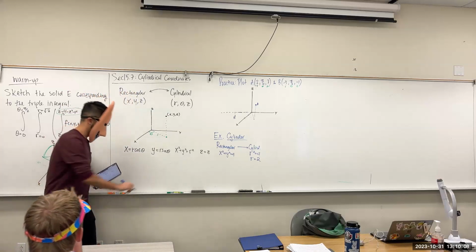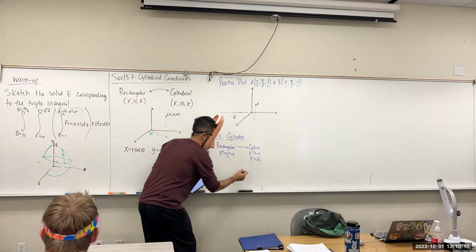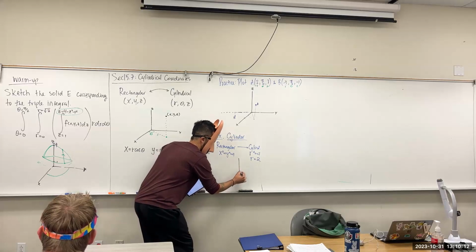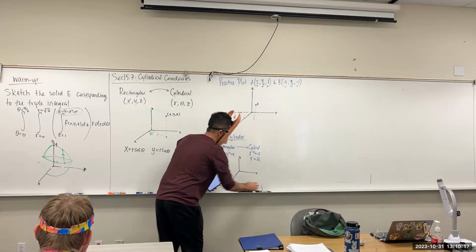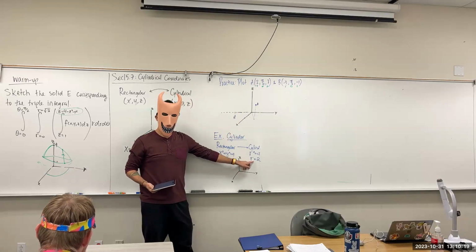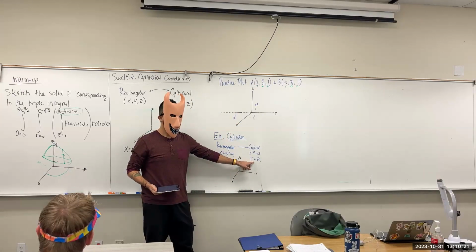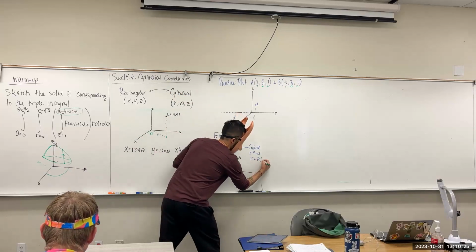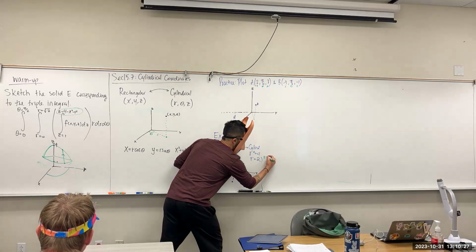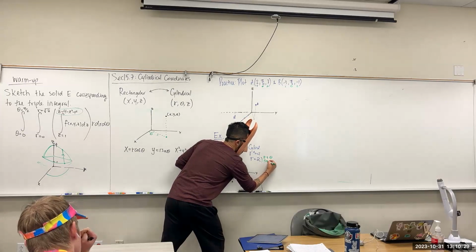Okay? So here's how I need you guys to start visualizing these cylindrical coordinates. You guys see how this equation does not have any thetas or any z's? Okay, so z and theta are free variables.